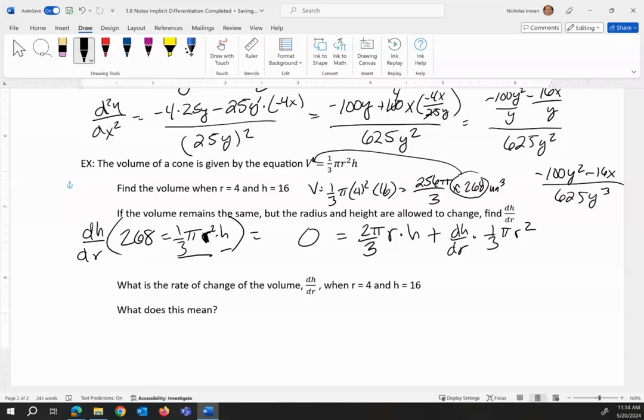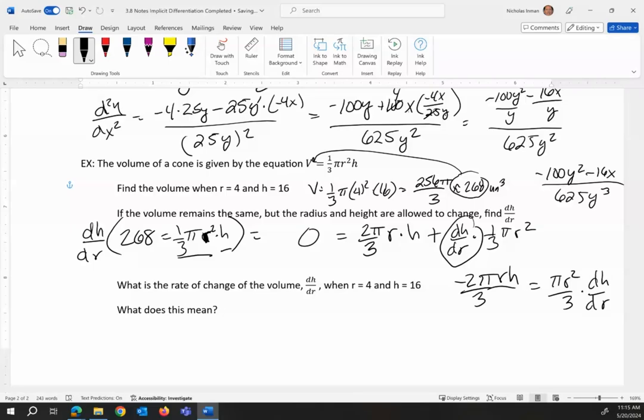Our goal is then to get this thing by itself. So move this to the other side, this 2/3 pi rh, and then we've got pi r squared over 3 times dH/dr.